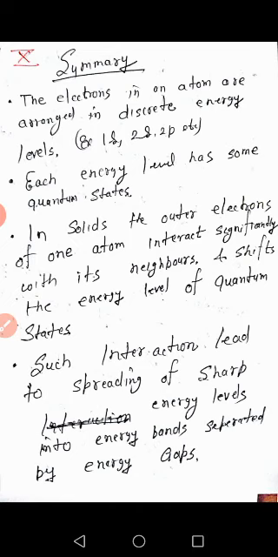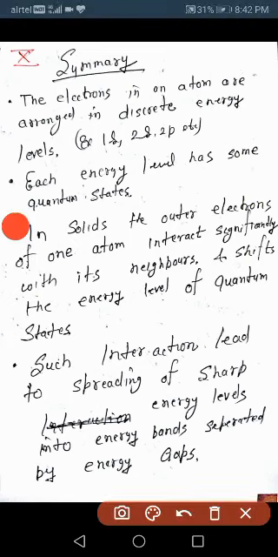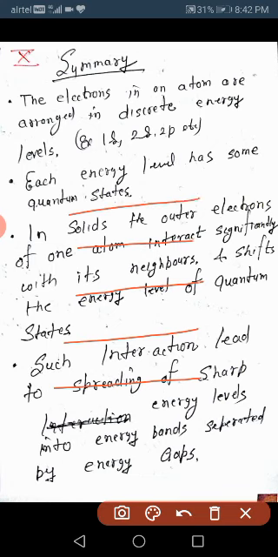As we discussed in the previous lecture, the electrons are arranged in discrete energy levels: 1s, 2s, 2p, 3s, 3p, 4s, 3d. In this way the energy levels are arranged, according to the Aufbau law, and you need not go into the details of this basic chemistry.